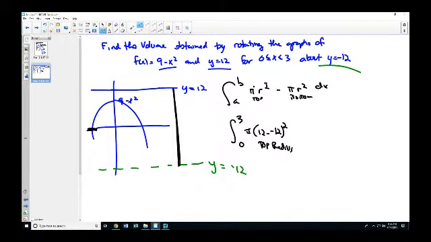What's our next radius that we subtract out? It's 9 minus x squared, the top of that, minus the negative 12.